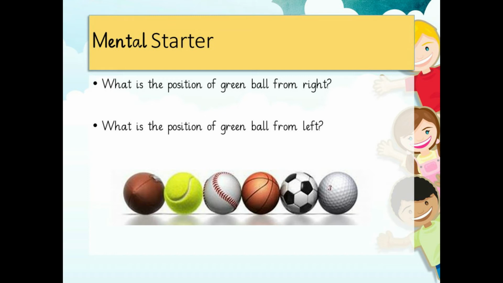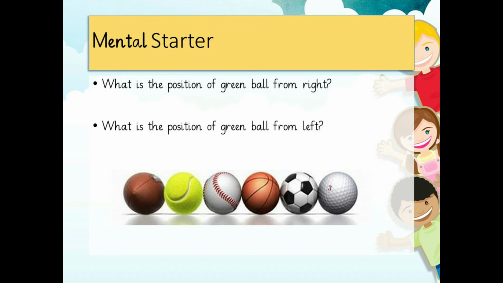Just think about it. Yes, on fifth. And starting from the left, the green ball comes on which position? At what number? First, second, third, fourth, fifth or sixth? Yes, on second.